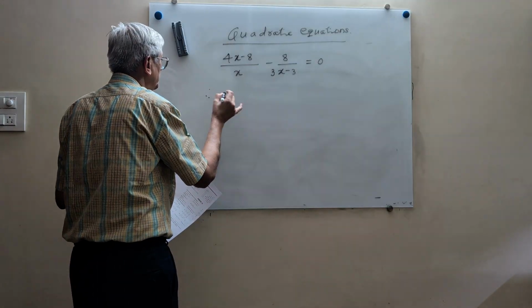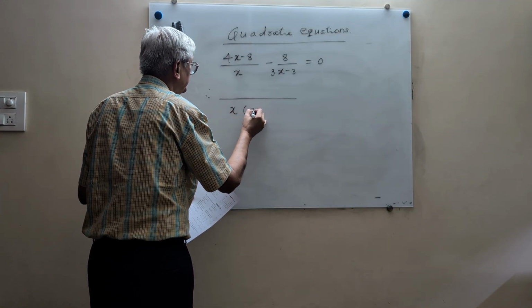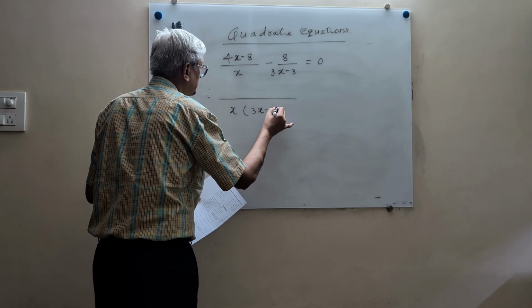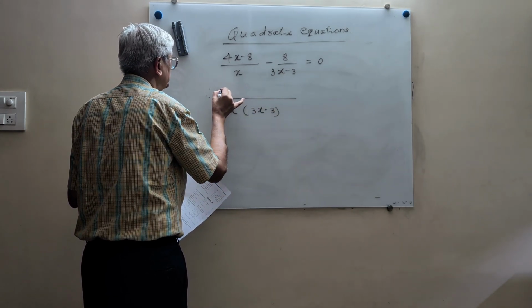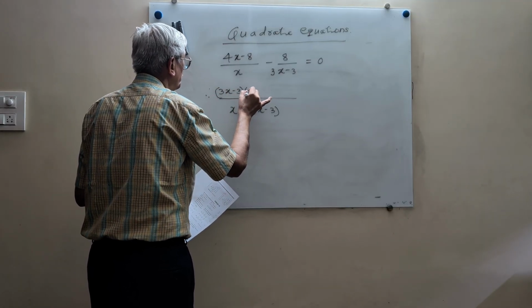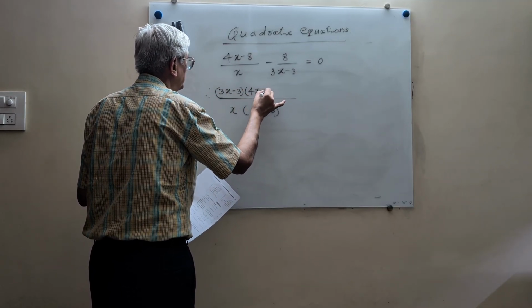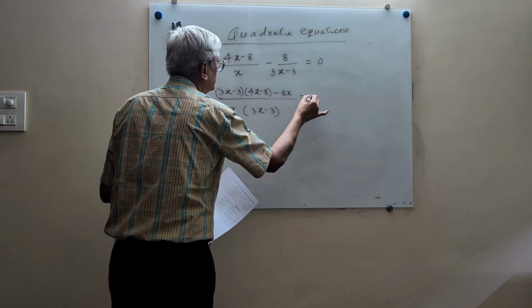Now what is the common denominator over here? The common denominator is x(3x minus 3). So here we will have to multiply (3x minus 3) into (4x minus 8), minus 8x, equals 0.